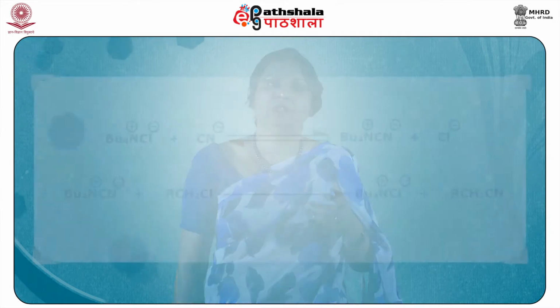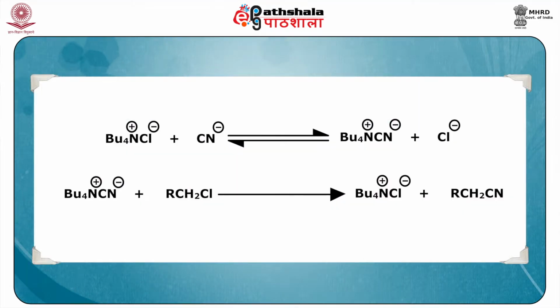For example, you can consider this particular equation. Here the tetrabutyl ammonium chloride will be acting as the phase transfer catalyst. This will dissolve the cyanide ion with itself, and you can clearly see the positive charge over this tetrabutyl ammonium.